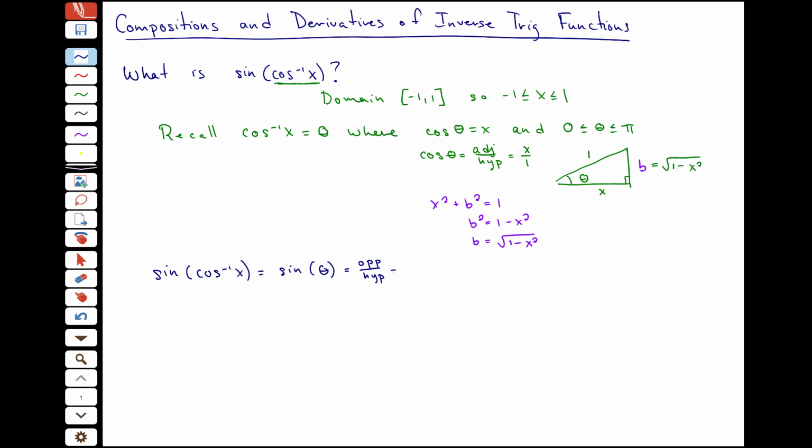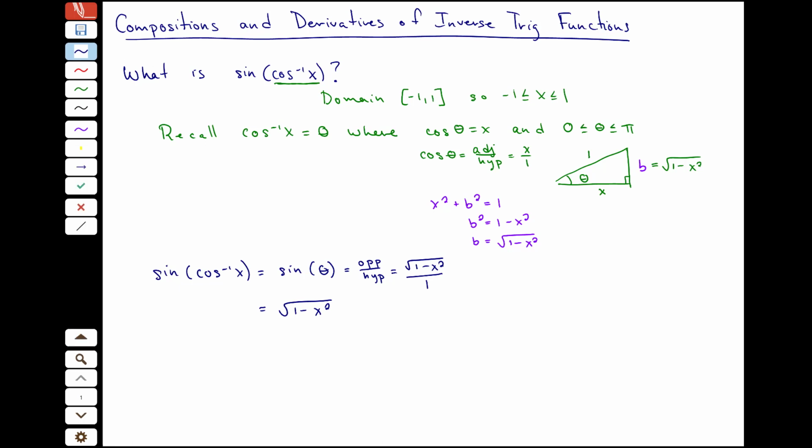And we computed that the opposite side for that angle has to be the square root of 1 minus x squared. That was our b. And we know that the hypotenuse of that triangle was 1. So what we've just seen is that sine of arccosine of x, for values of x between -1 and 1, is always equal to the square root of 1 minus x squared.